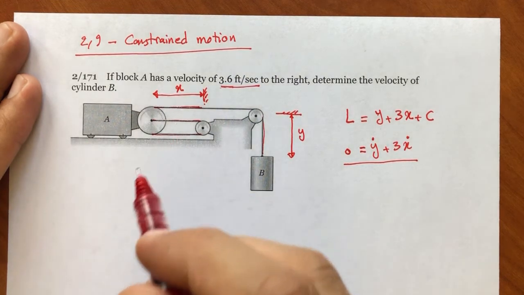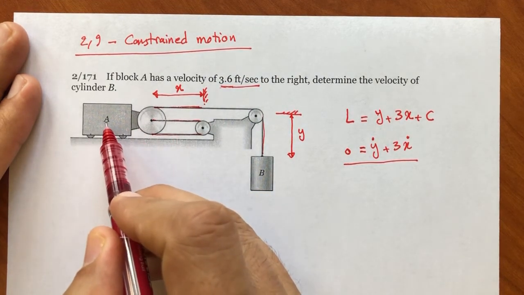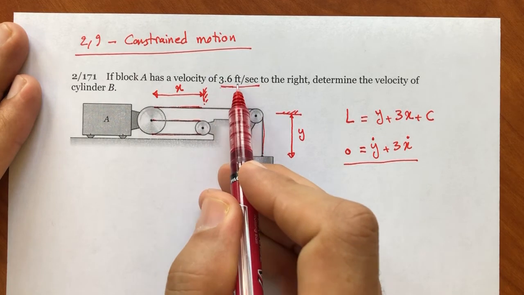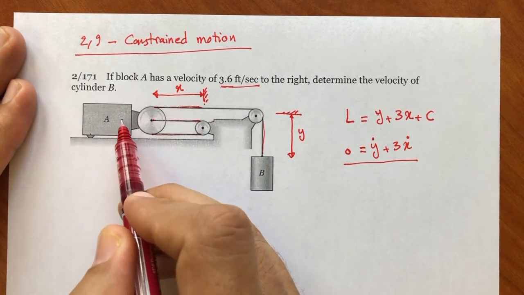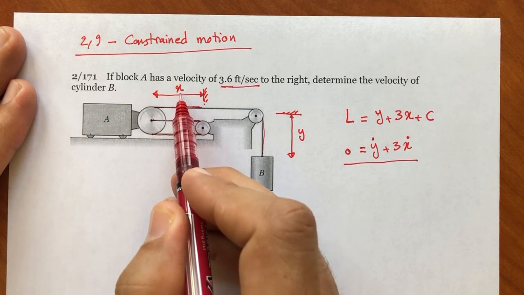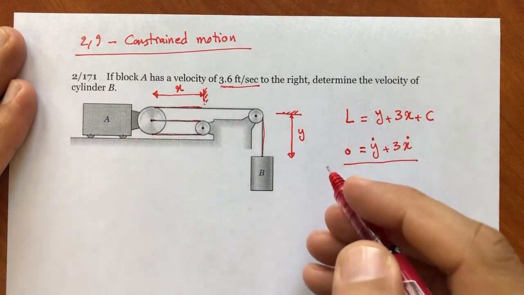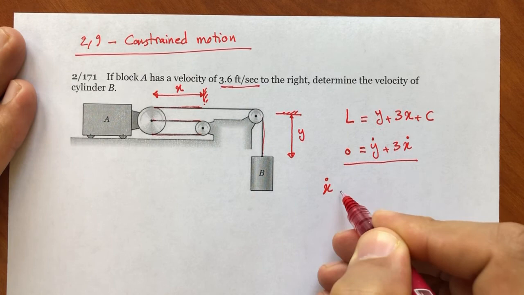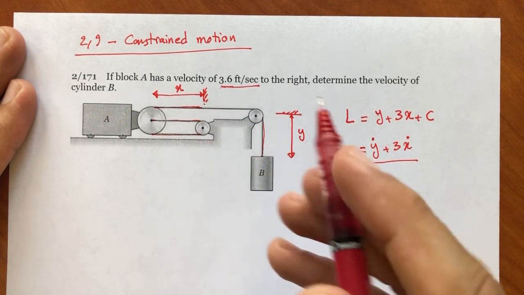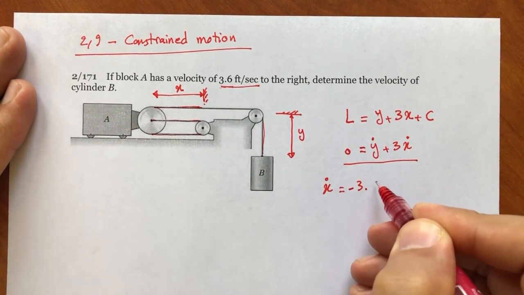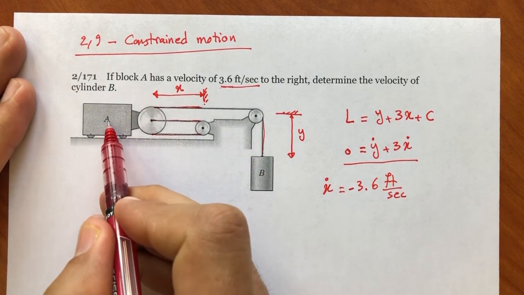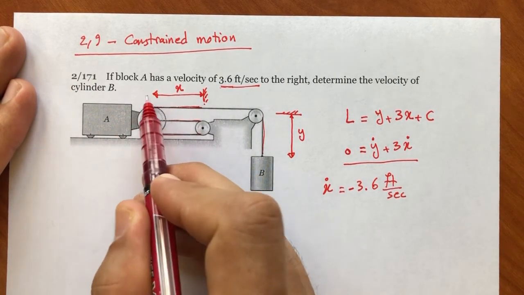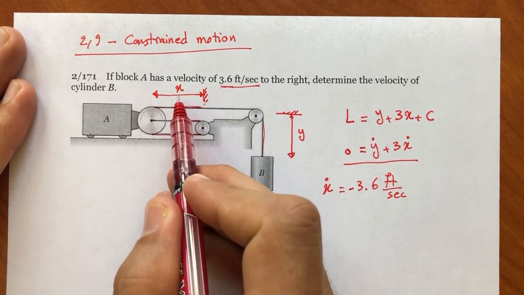For example, here, the problem says the velocity of A is 3.6 feet per second to the right. So if A moves to the right, x is going to decrease, right? So x dot in this problem is going to be negative 3.6 foot per second. If A moves to the left, then x is going to increase, so x dot is going to be positive.